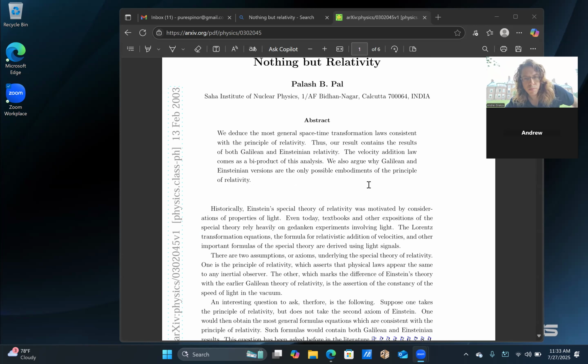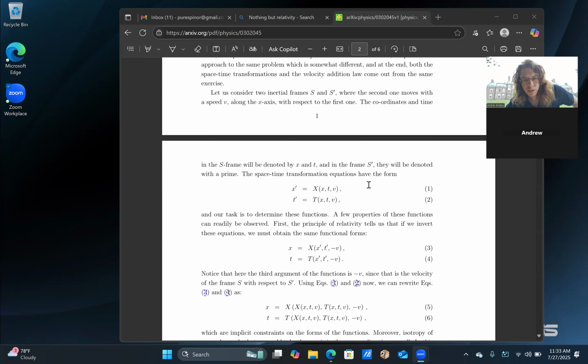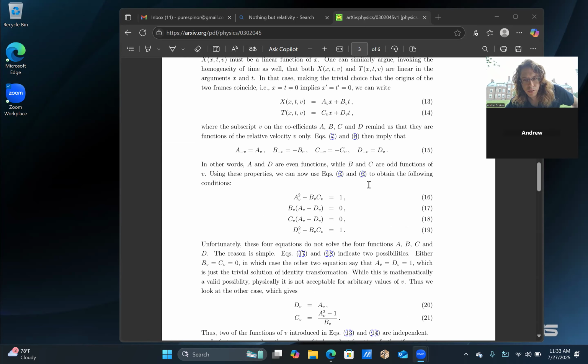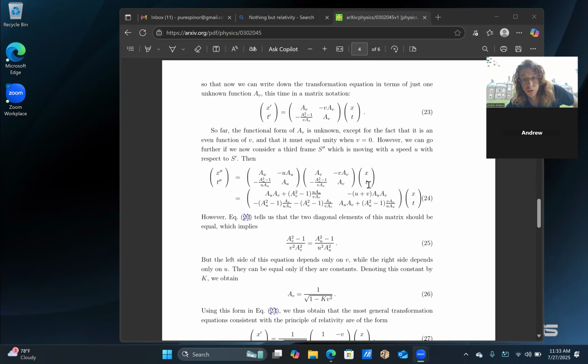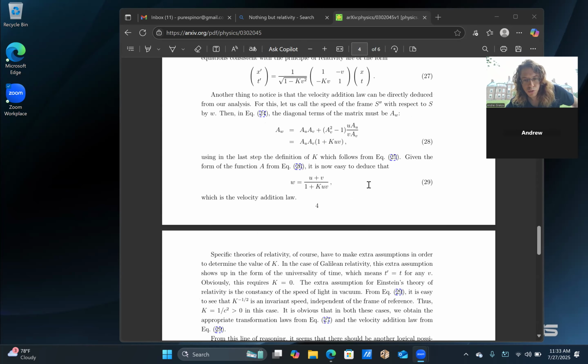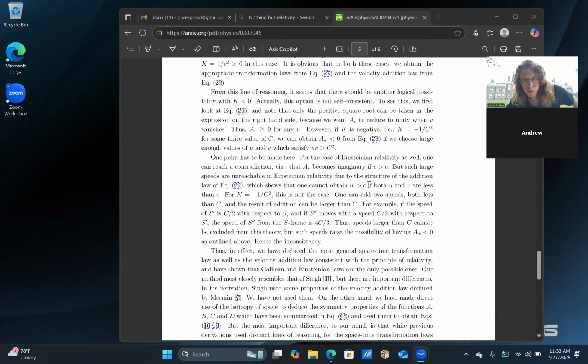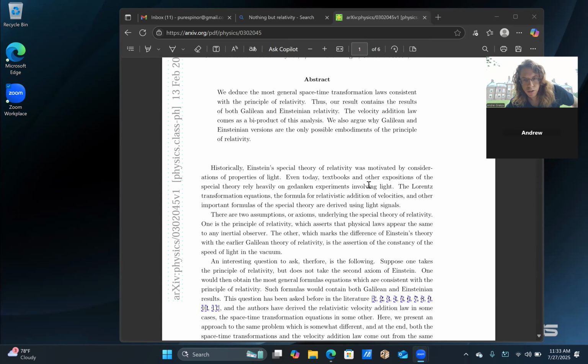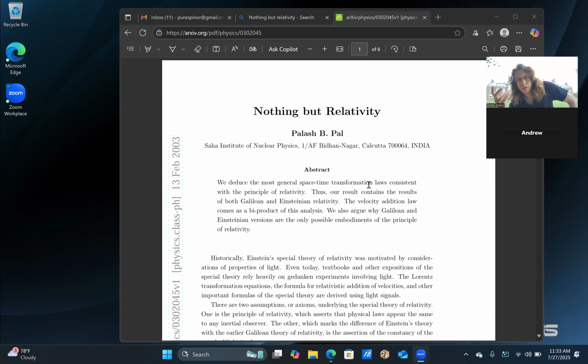And from this assumption, those people derive the most general form of coordinate transformation between inertial frames, which includes both Einsteinian and Galilean results. So the answer depends on some parameter. And if this parameter is taken to infinity, you naturally obtain the Galilean result. And this parameter has the meaning of maximal relative speed.